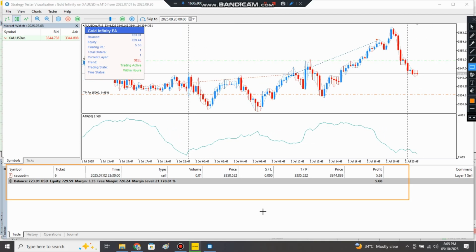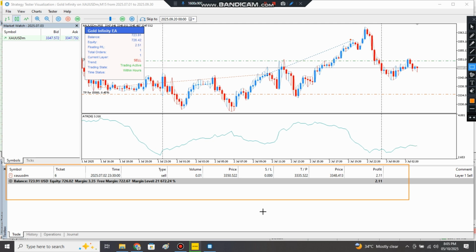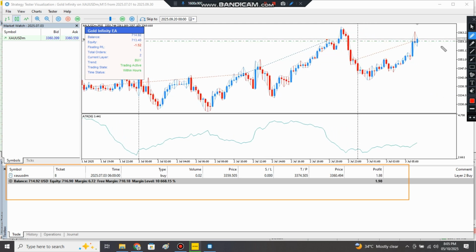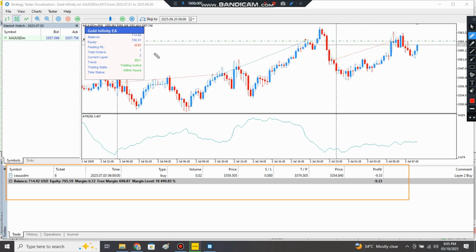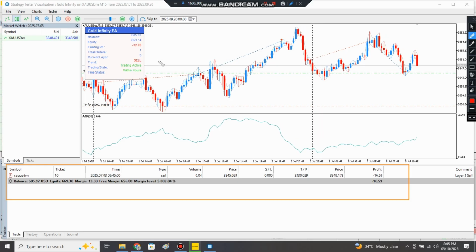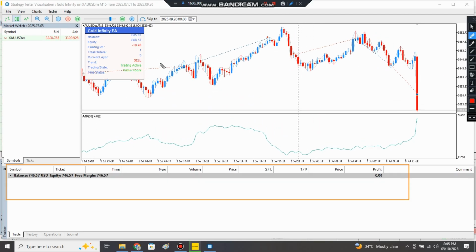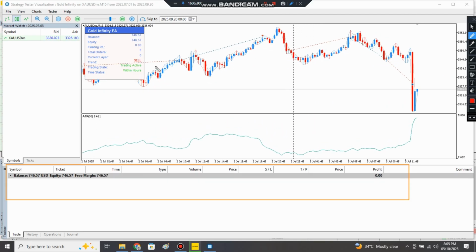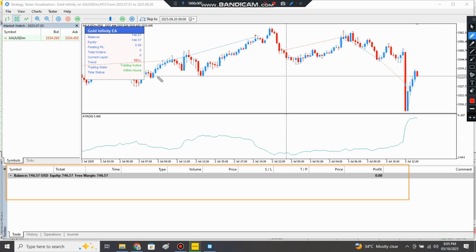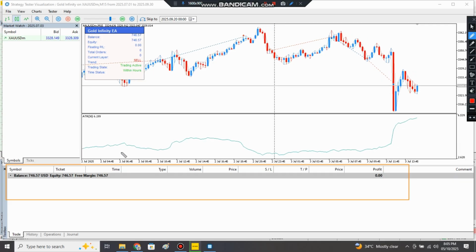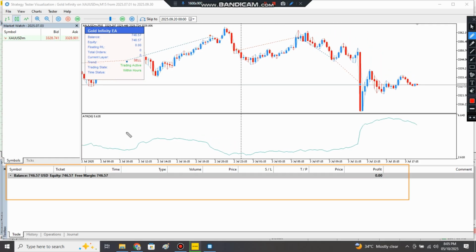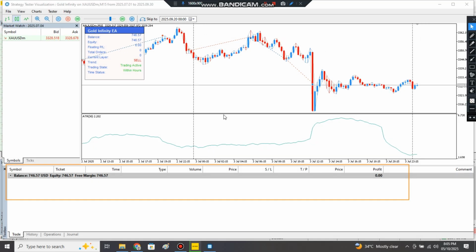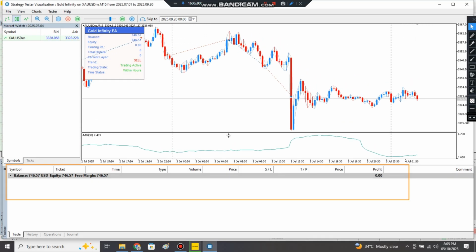The EA's built-in money management feature ensures your lot sizes are optimized for account safety. It uses a balanced approach, not overtrading, not undertrading. It also includes internal filters for trend direction, volatility, and trade timing, which help it avoid unnecessary trades during unstable conditions.